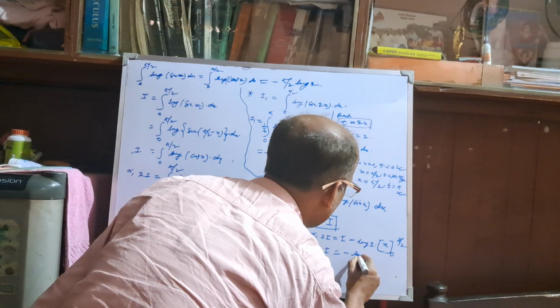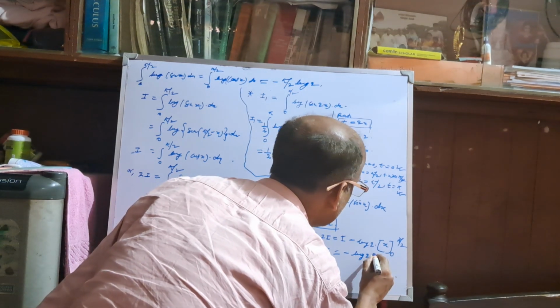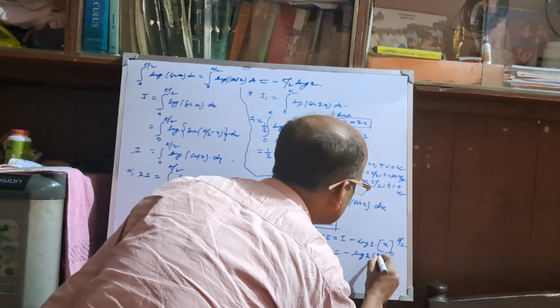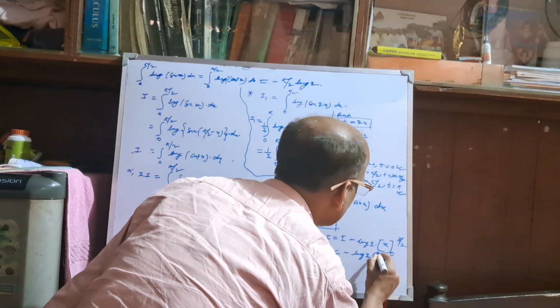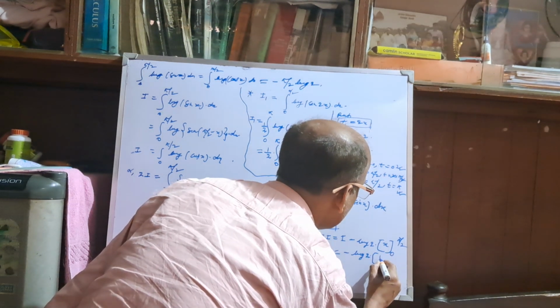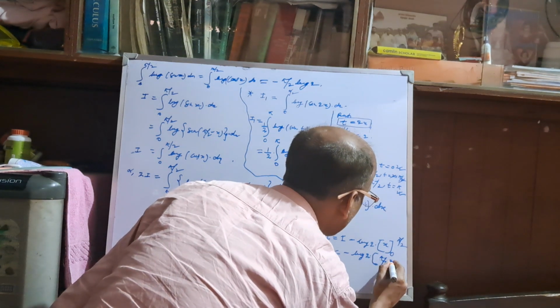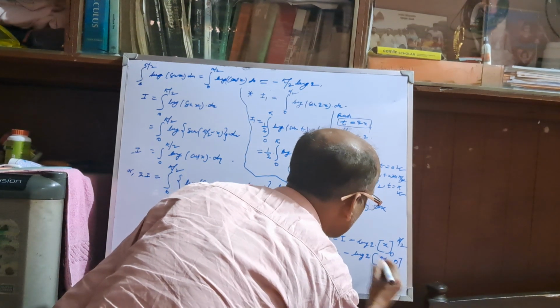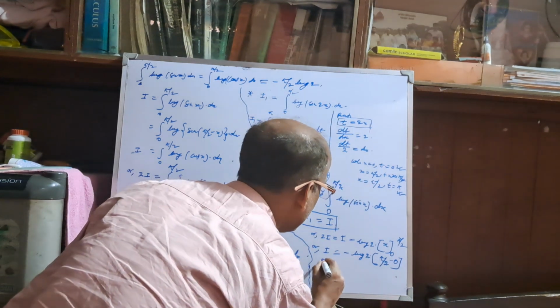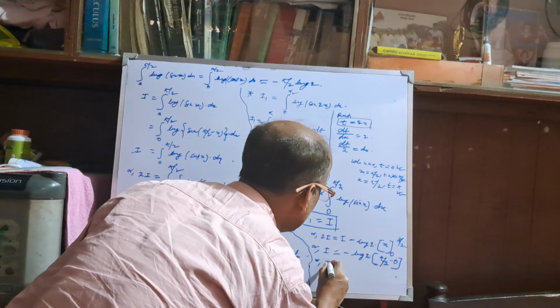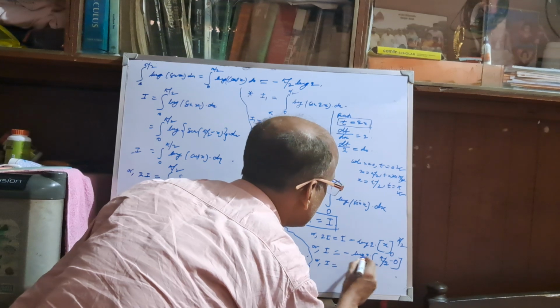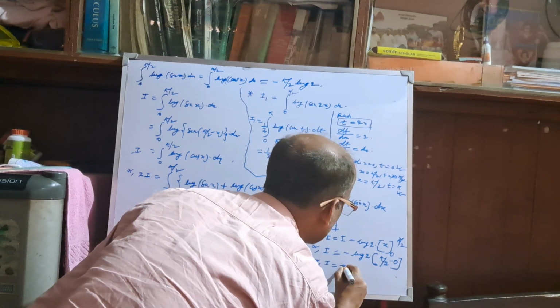One step I am showing you. That will be pi by 2 minus 0, upper limit minus lower limit. So that will be I is equal to minus pi by 2 log 2.